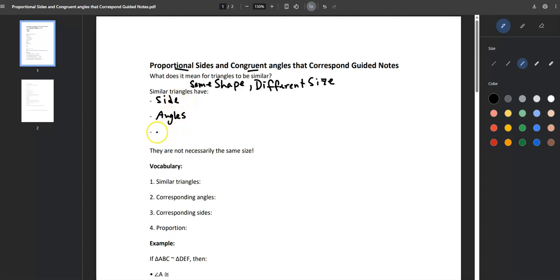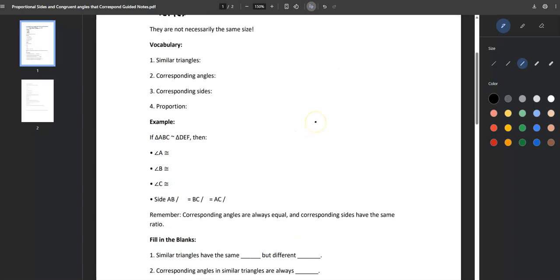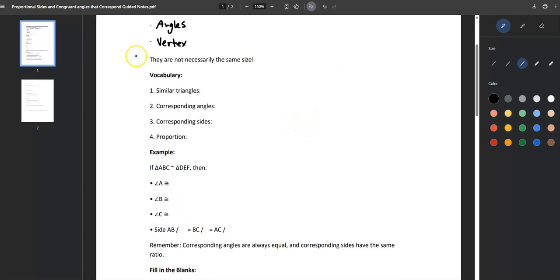And then they also have vertexes, which are those end points that they have. We don't need every single thing for them to necessarily be the same size, but we're going to be able to show that they are proportional that way, okay?